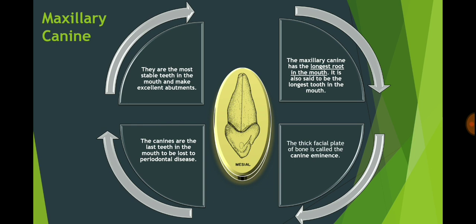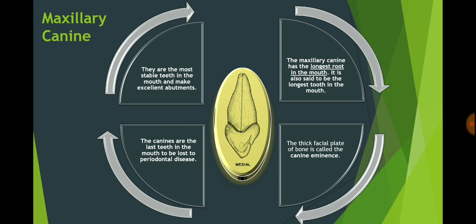So maxillary canines have the longest roots in the mouth, and the longest tooth in the mouth. They have a thick facial plate of bone, which is called canine eminence. And the canines are the last teeth in the mouth to be lost to periodontal disease. If somebody loses canines, you're like, what is going on?